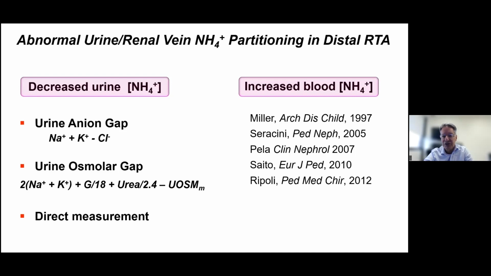Patients with distal RTA have not to the same extent a production problem, but more of a partitioning problem. Once it's produced, where does that ammonia leave the kidney? They have a problem sending it to the urine. They don't even send it to the urine normally, let alone that it should be 80% in the presence of a metabolic acidosis as the compensation I showed.